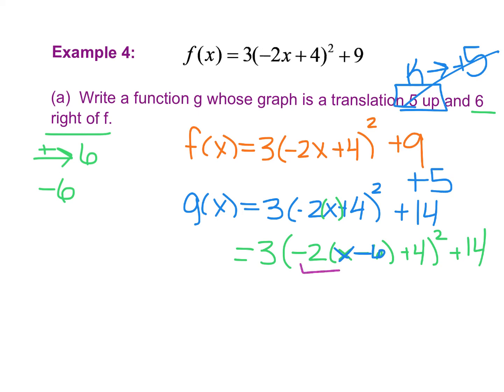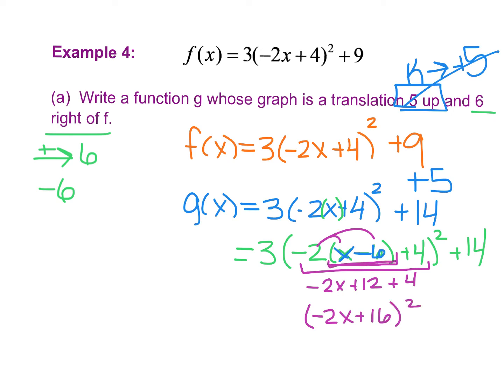Now, I need to simplify this portion underlined in purple. That means I need to distribute, so I have -2x, and then -2 times -6 is a plus 12, plus the plus 4, and then I need to combine like terms. So inside of my parentheses, if I want to apply a translation to the right 6 units, it turns into -2x plus 16. So again, note where I added that subtraction of 6.